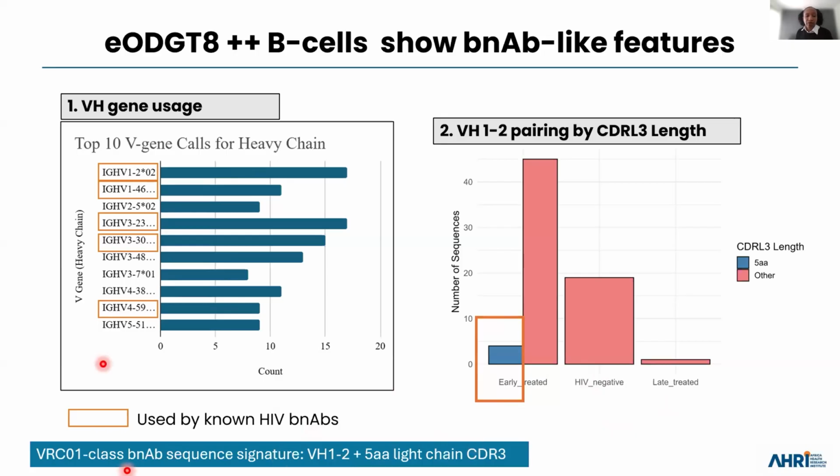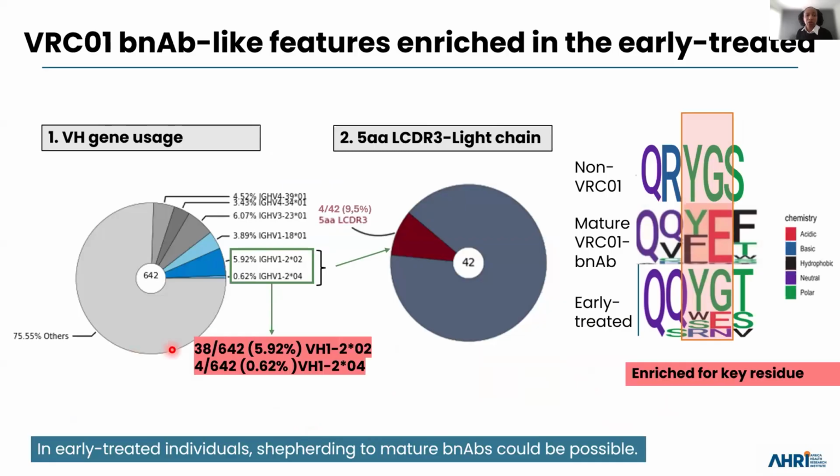Then from there, from the early treated group, we went on to investigate further whether it meets all the other correct criteria or the defined features for the bNAb of interest. So we could see that we had this group being rare. We only had about 5.92% of the VH-2 gene, which uses the STAR02 anneal.